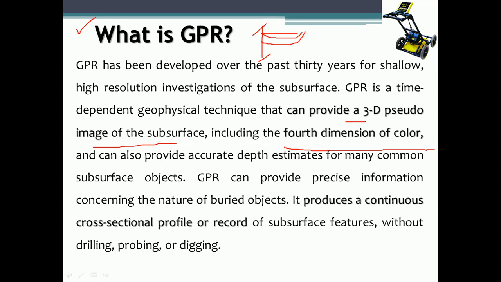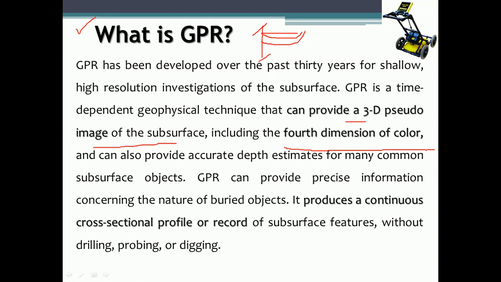Along with that we get the 3D image of the structure, and the fourth dimensional colored image of the different objects based on the dielectric constants. What do we mean by dielectric constant? We can discuss that in the upcoming slides. The properties of materials differ from one place to another: for air it is different, for clay it is different, for asphalt it is different.